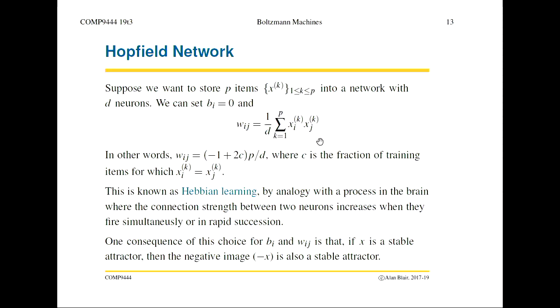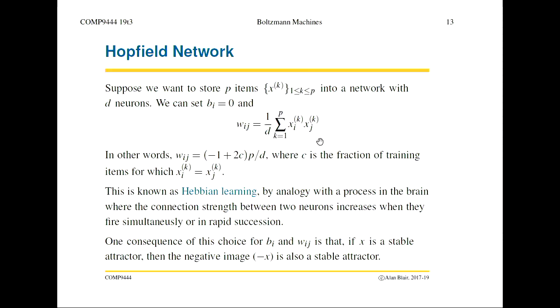P is the number of images, and D is the number of pixels. D is the number of neurons and the number of pixels. So I'm adding up P things, but then I'm dividing by D.